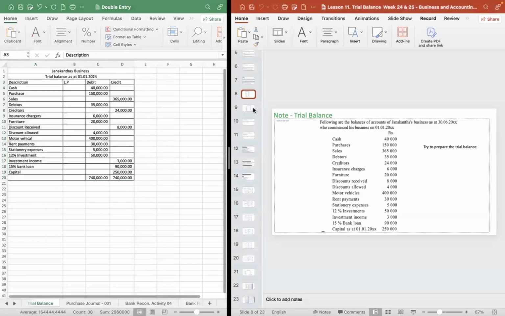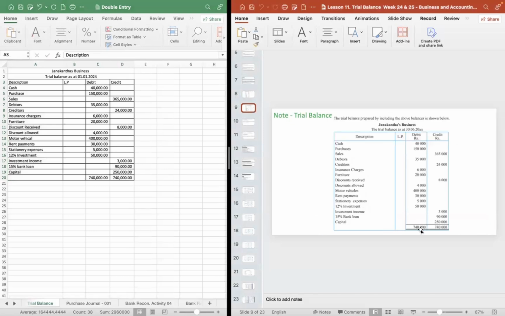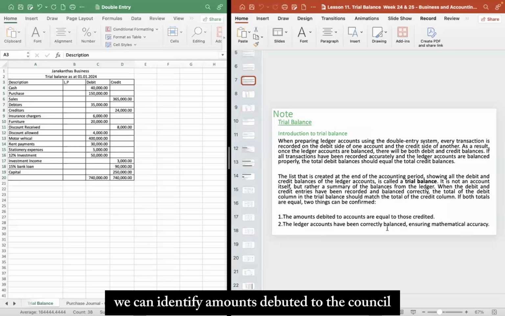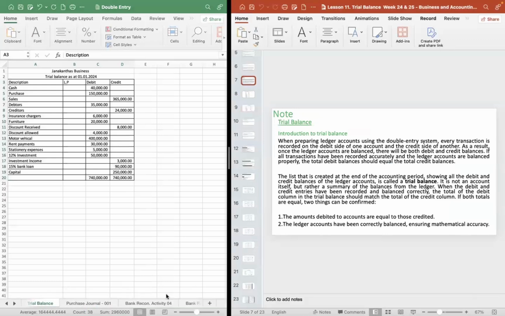So this is the answer. If it is balanced, what can we identify? We can identify that amounts debited to the accounts are equal to those credited, and ledger accounts are correctly balanced, ensuring mathematical accuracy. Then can you finish this in your exercises?